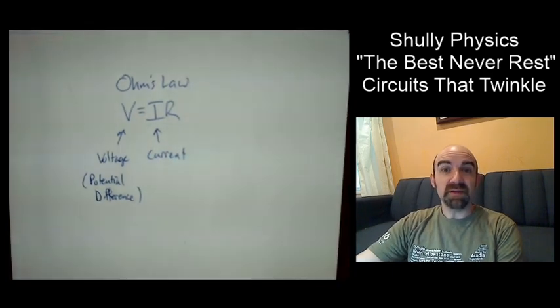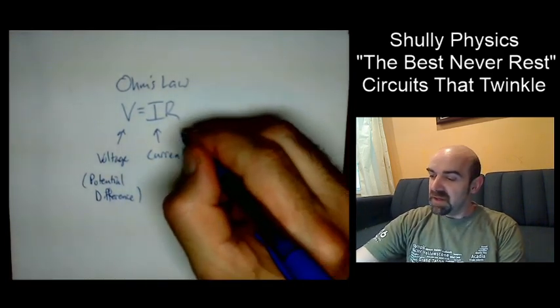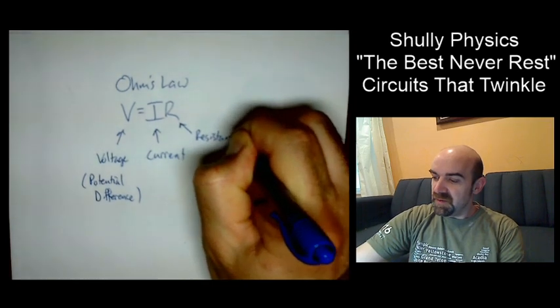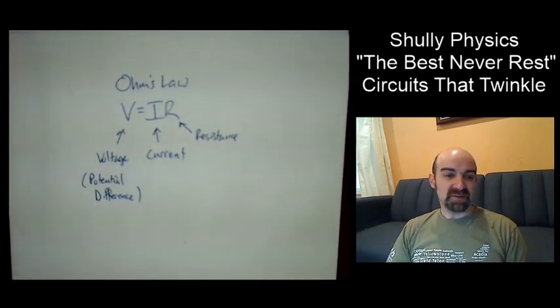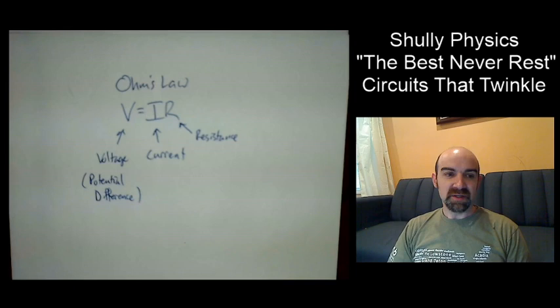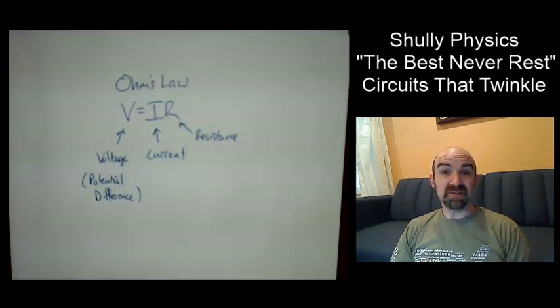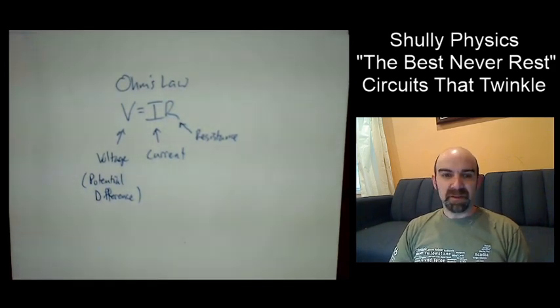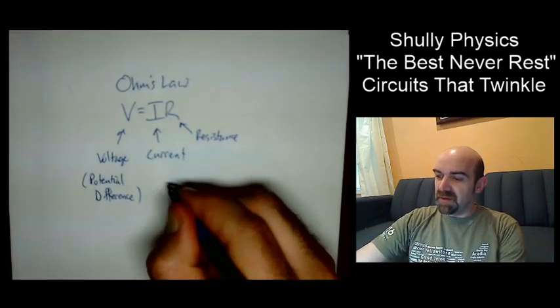Remember, that's the speed or the flow of electrons, and resistance. This is for a circuit like this. This is called a combination circuit. The resistance would be the equivalent resistance value of all those resistors together. And that's a lesson we're going to look at next. But that's how you'd use V equals IR to find current.